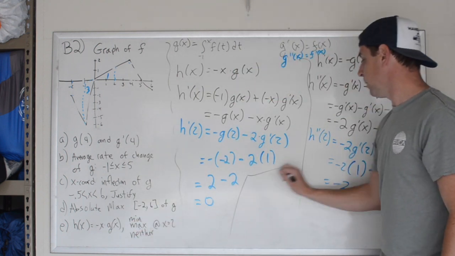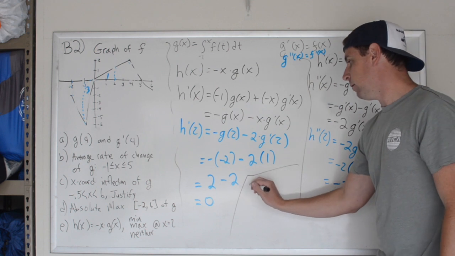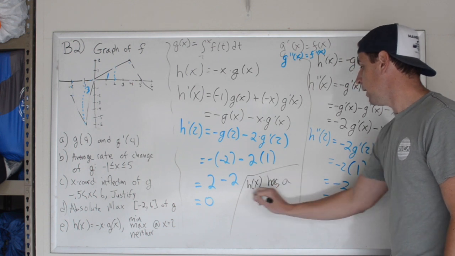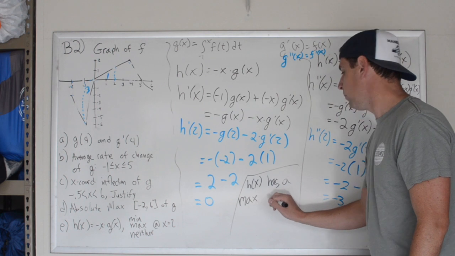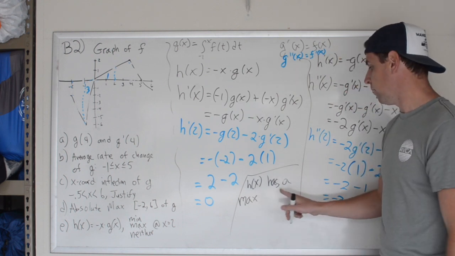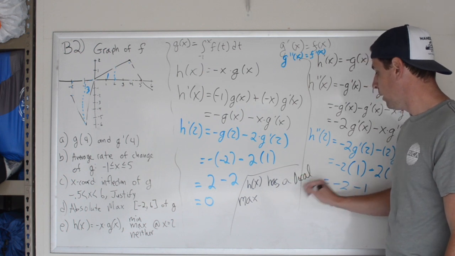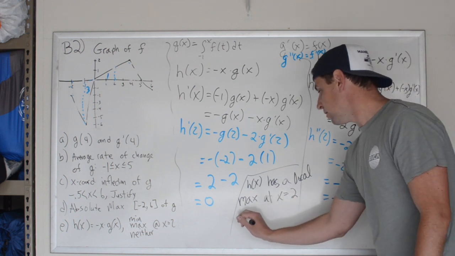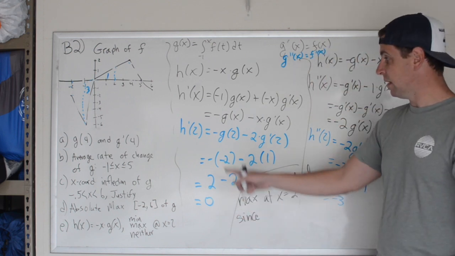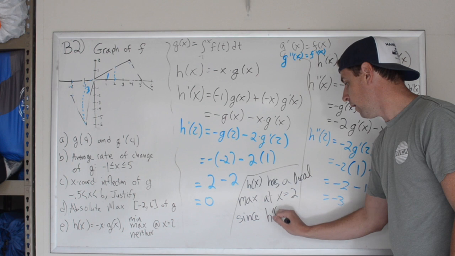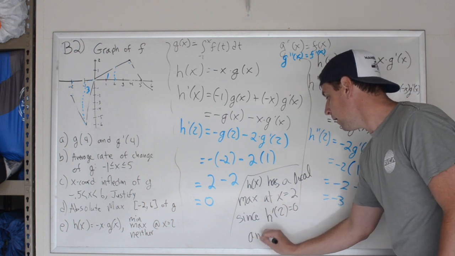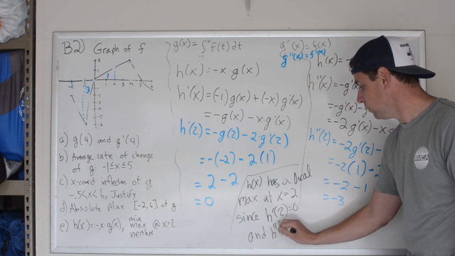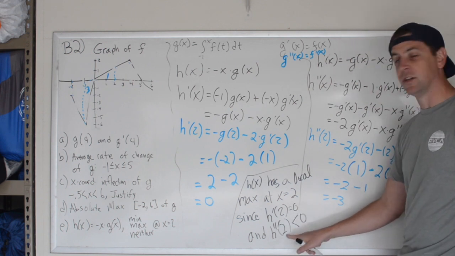Let's see if I can create a little bit of space here. We have a max, h of x has a relative max, or a local maximum at x equals 2, since we should tell our work, since h prime of 2 is equal to 0, and that h double prime of 2, sorry, it was less than 0, h double prime of 2 is negative.